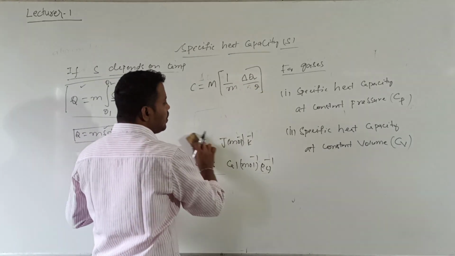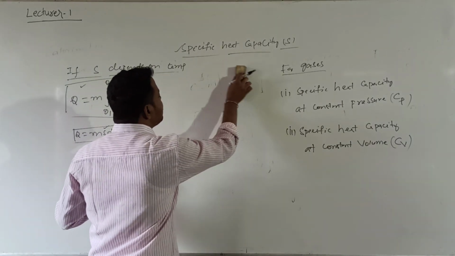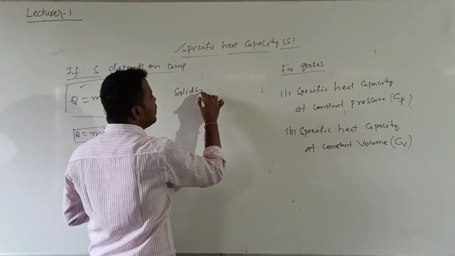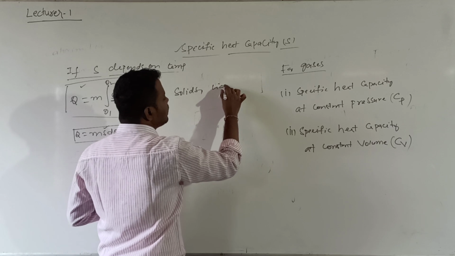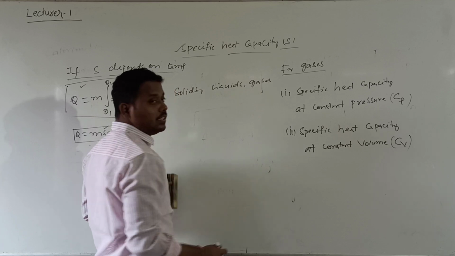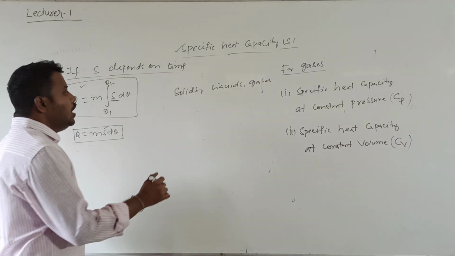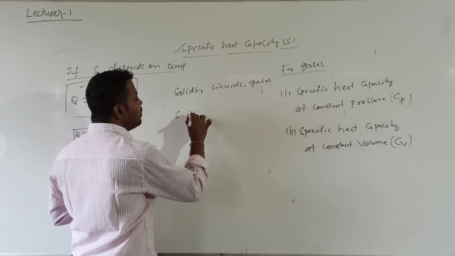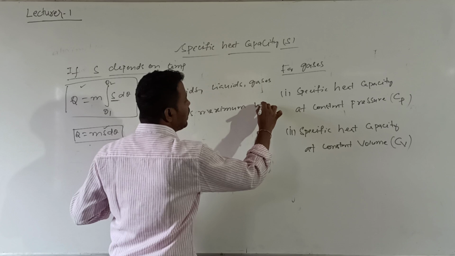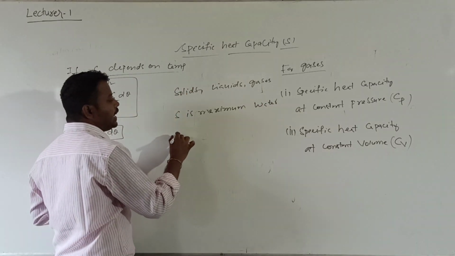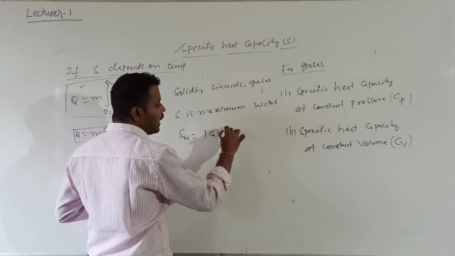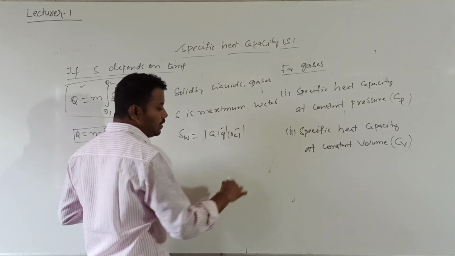Next one. Among solids, liquids and gases, matter exists in these three states. Specific heat capacity is maximum for water. The specific heat capacity of water, Sw, in the CGS system is 1 calorie per gram per degree centigrade.